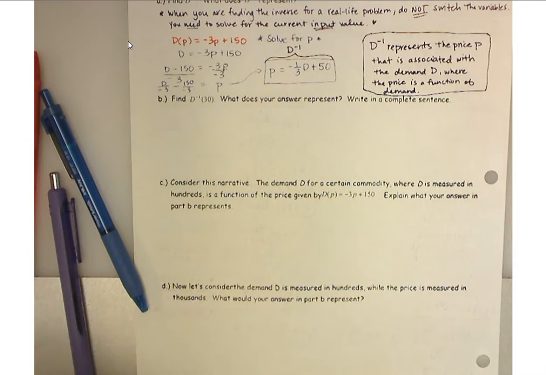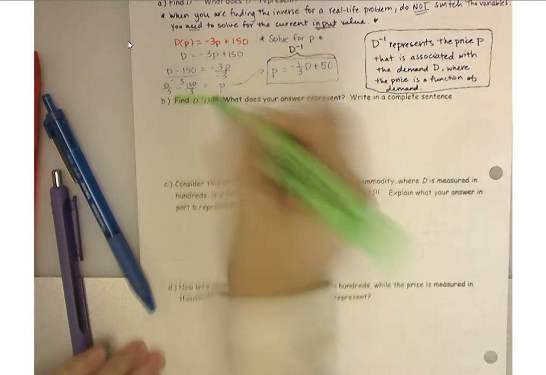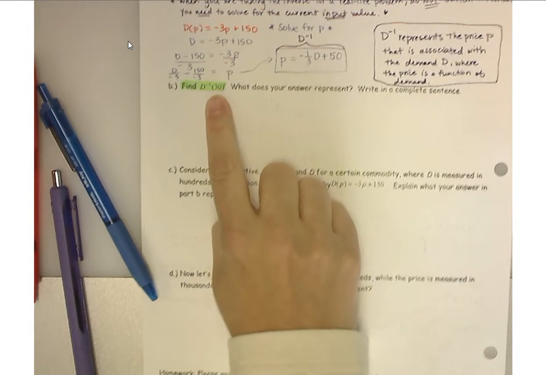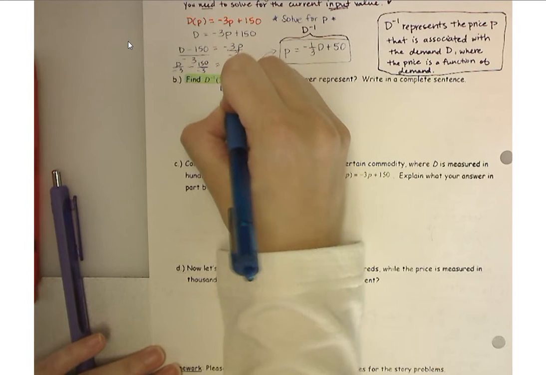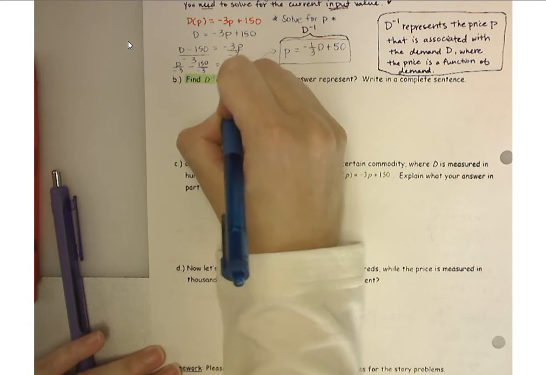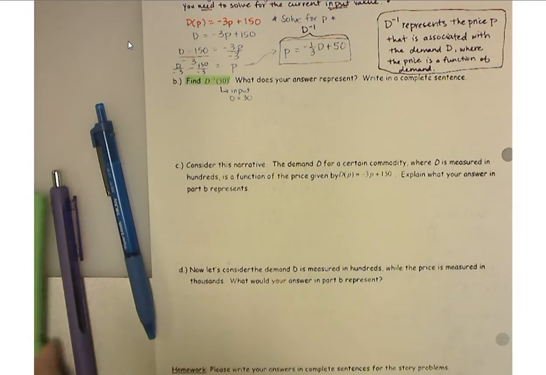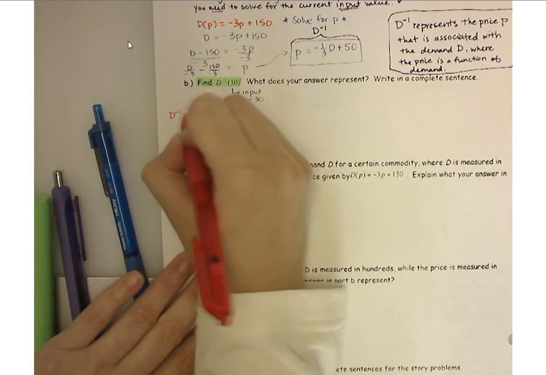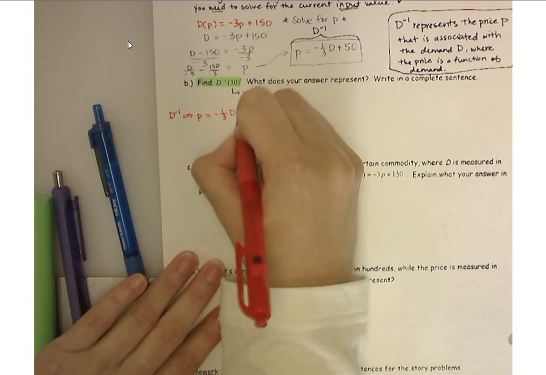Now for part B, it says to find the D inverse value of 30. So 30 is going to be your input. That means that's what you're going to plug in for what variable? Yes. So what this is saying is that D is equal to 30. Your inverse is P equals negative 1/3 D plus 50.